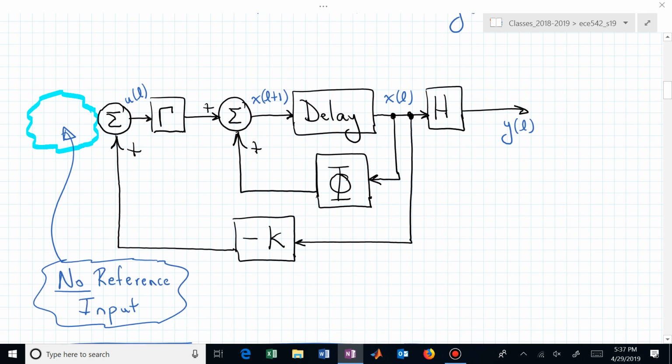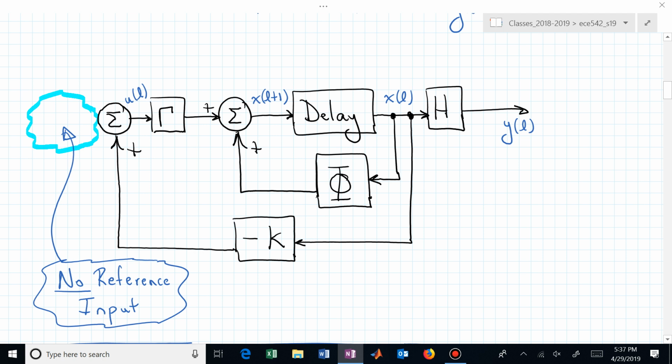In a block diagram form, we really now just have this description. If you simply erased that bottom feedback path, you would have your open loop system, which now has the input matrix gamma, the system matrix phi, and the output matrix H. With full state feedback, we're adjusting how the system is interconnected, or we're influencing the dynamic behavior of that system.